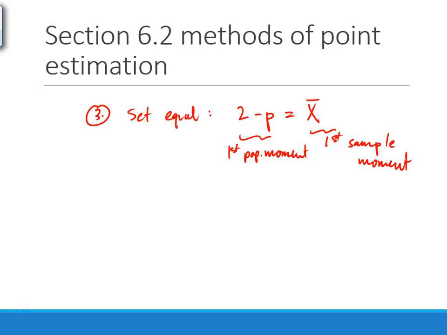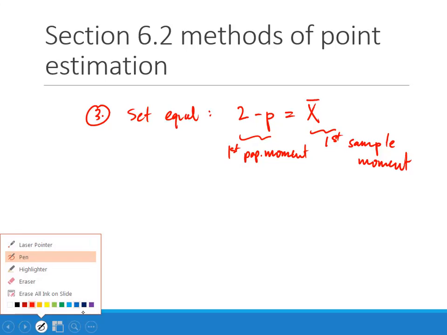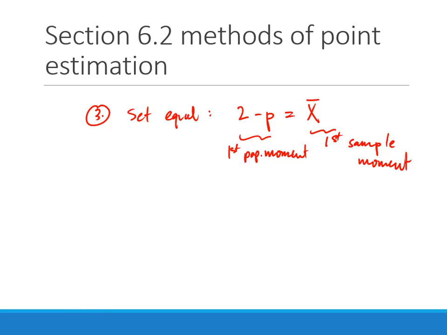Okay, this is not written in the notes, but I want to get a little picky here. In general, again, remember p is our parameter here, and we don't know what the parameter is. So we're trying to come up with an estimate for it. So I feel like this statement here doesn't really make sense. We're not saying that the population proportion is somehow equal to 2 minus x bar or something like that.